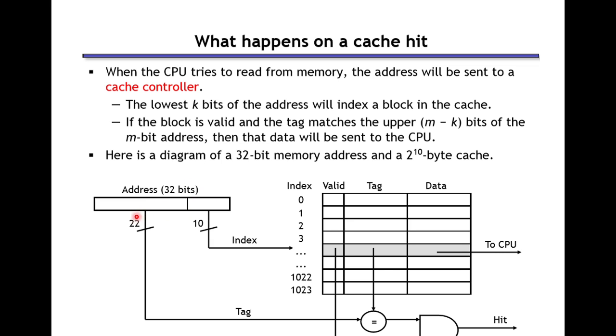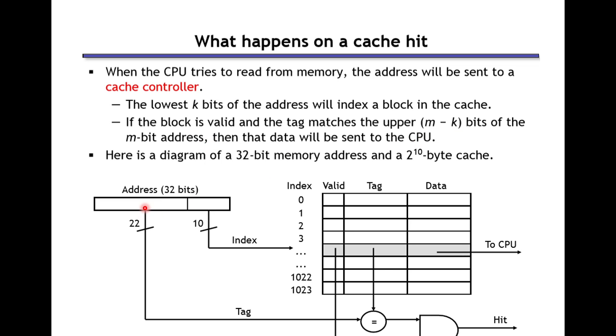The upper 22 bits are the tag and the next 10 bits are used to identify the cache block. So the lowest k bits of the address will index a block in the cache. Here k is equal to 10, and if the block is valid and the tag matches the upper m minus k bits of the address, then the data will be sent to the CPU.